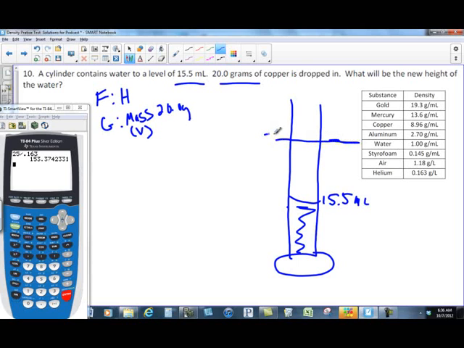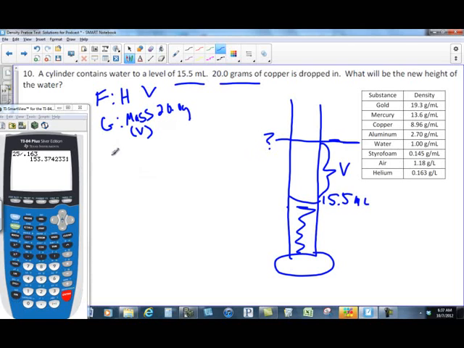This is what I'm trying to find out. So I'm really trying to find out volume, right? So what I need to do is figure out what the volume of copper is by determining how much it goes up. If I can find this volume, I can add it to this volume to get this. Okay? So I can use the mass information to find this volume and then add it.